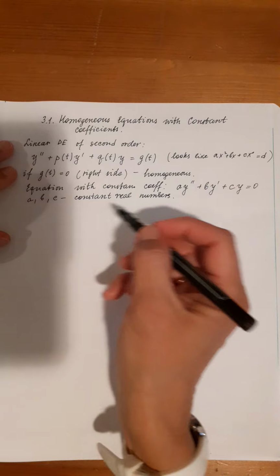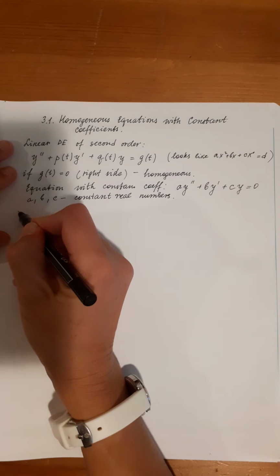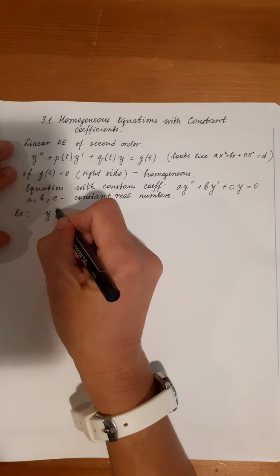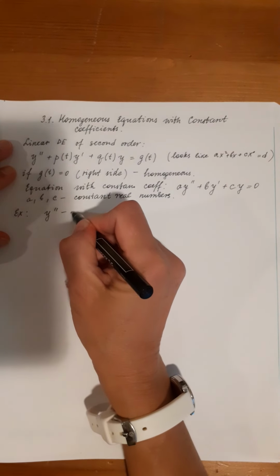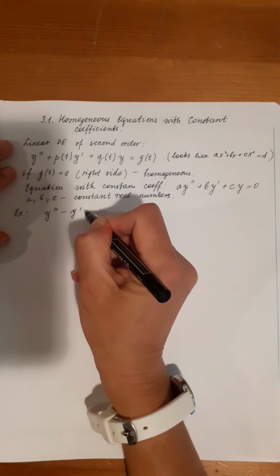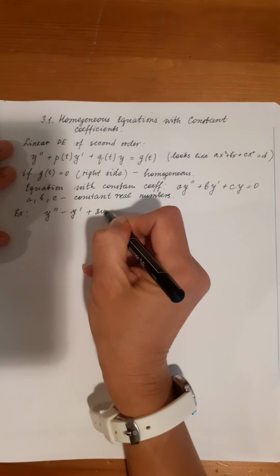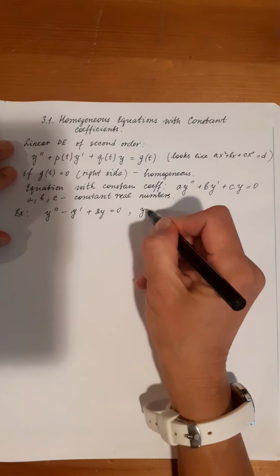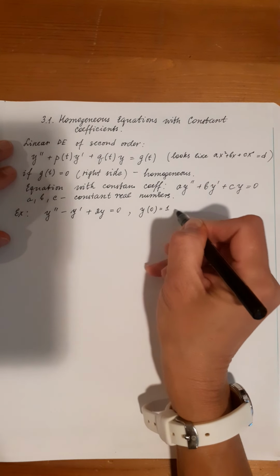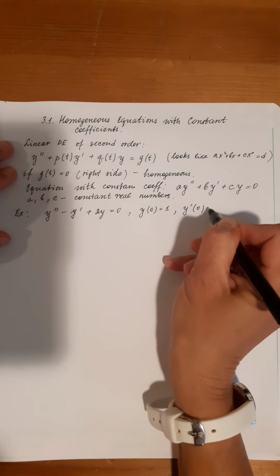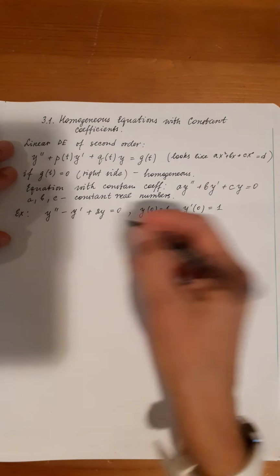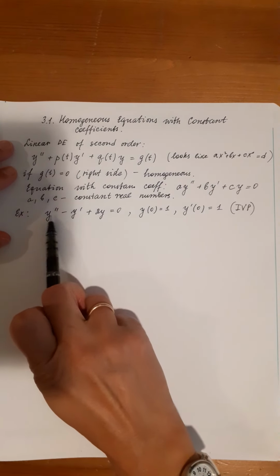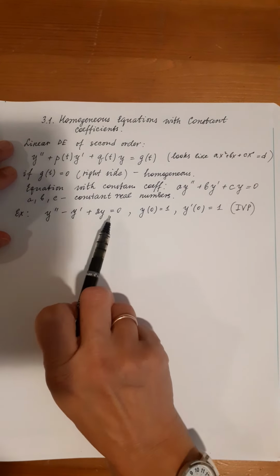Well, let's write down an example, a typical equation of second order: second derivative minus y first derivative plus 2y equals 0. It can have y of 0 equals 1, for example, and y prime of 0 equals 1. This is a typical initial value problem with a second order differential equation with constant coefficients.